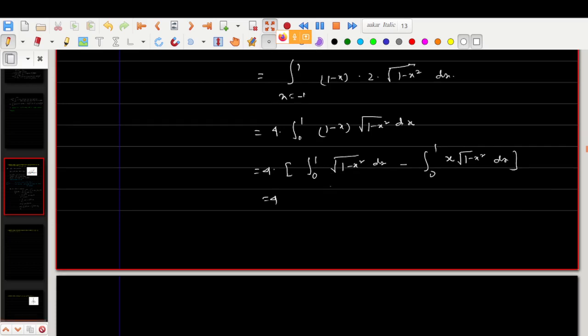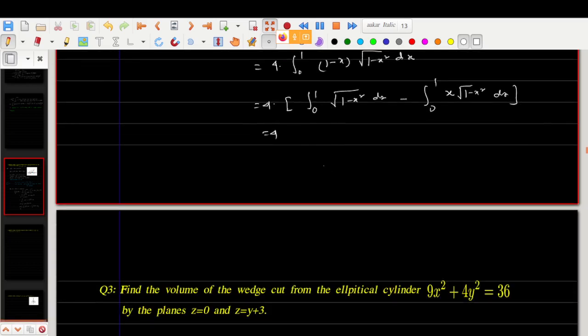Now you know the formula. What is the integral of root over a square minus x square? That is nothing but x by 2 root over a square minus x square plus a square by 2 sine inverse x by a. Here a is 1.